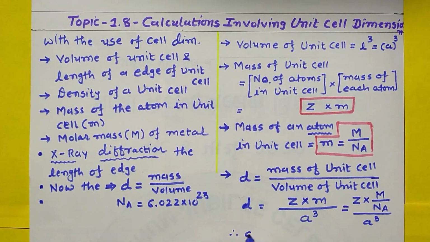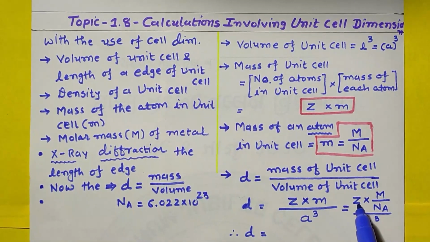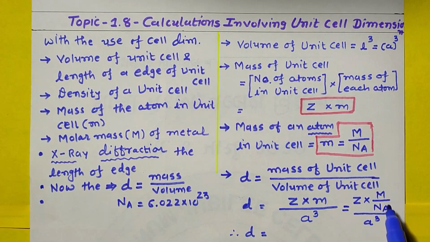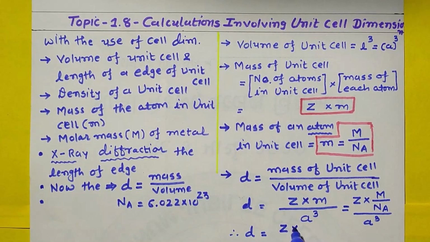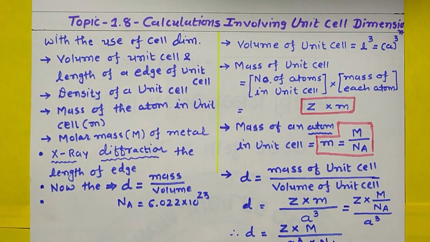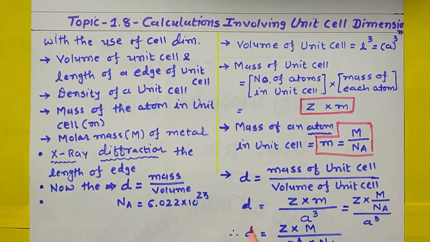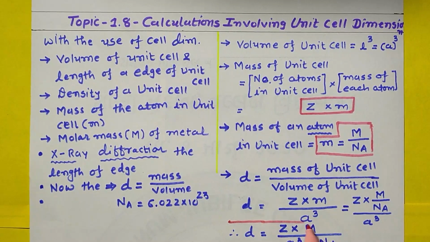According to that value, we can say that our final formula regarding the density, number of atoms in the unit cell, molar mass, Avogadro number and the volume of a cube, we can rewrite as Z into capital M divided by A cube into Na, which is called our final formula regarding the calculations of this chapter.